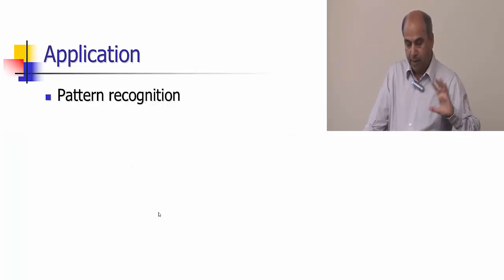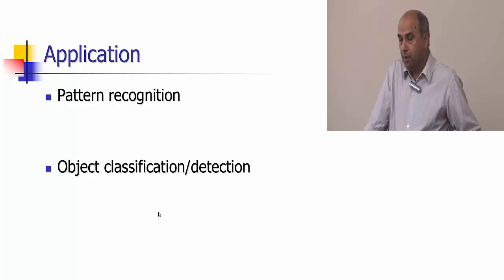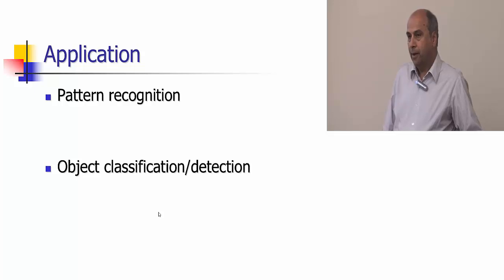Support vector machine has lots of applications in pattern recognition, computer vision, object classification and detection. That's what you're going to write a program about, and action recognition, and many different areas where the problem is to classify a given image, given video, given feature vector.